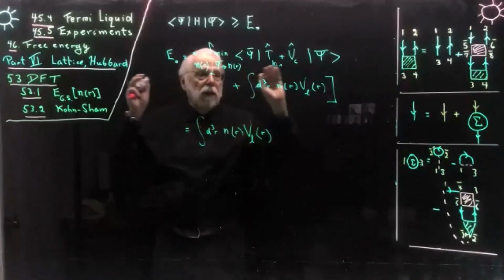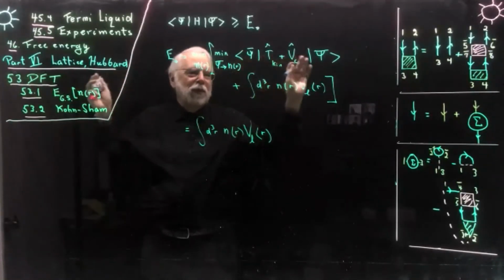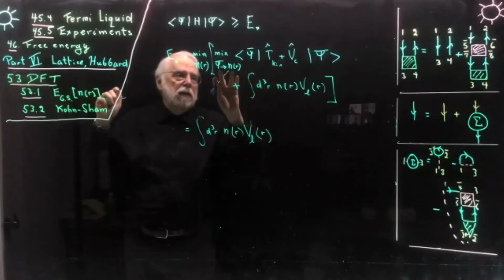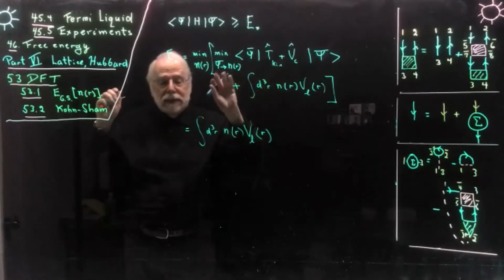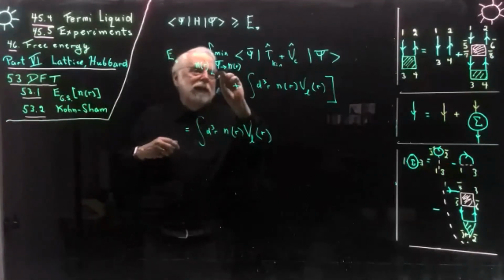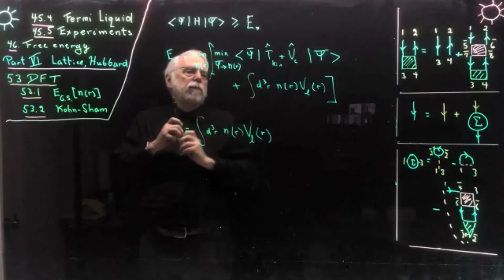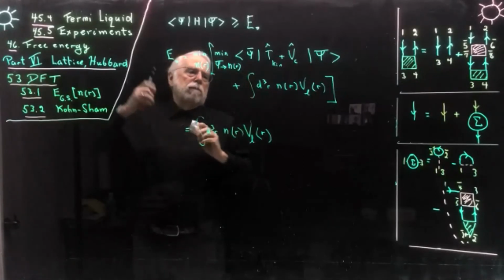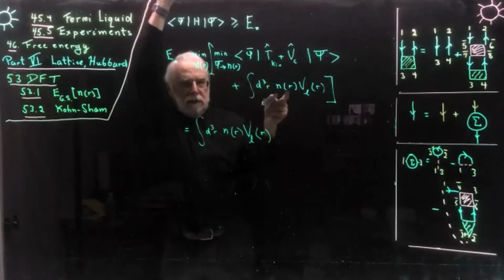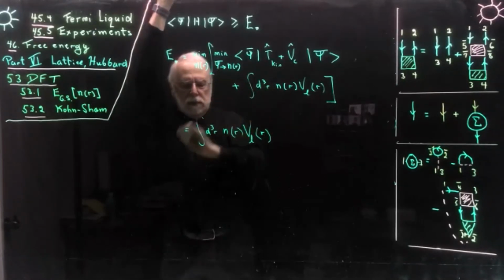It's certainly something complicated, but in principle it's perfectly fine. I do the minimization in two steps. Instead of minimizing over all the wave functions, I minimize over all the wave functions that give the same density, and then I minimize with respect to density.